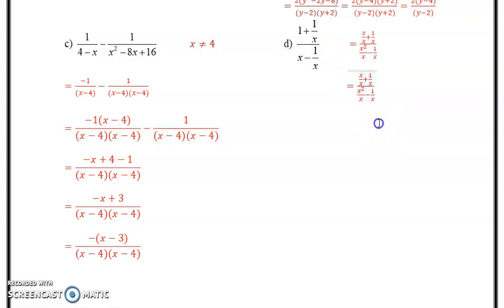Equal to, so we common denominator 1 plus x over x, or x plus 1 over x.